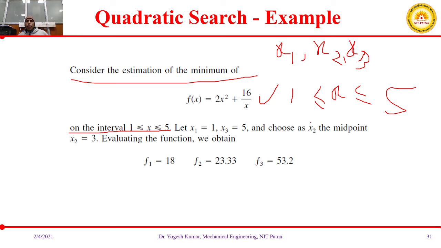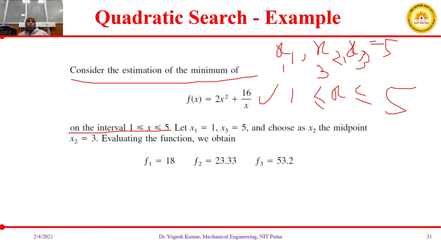Since x varies from 1 to 5, we can put x1 equal to 1, x3 equal to 5, and for x2 we can take the midpoint of these two. The midpoint will be 5 plus 1 equals 6, 6 by 2 equal to 3. So let us take x2 equal to 3.